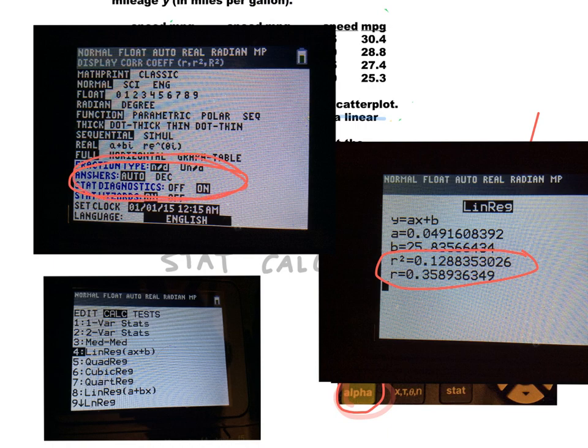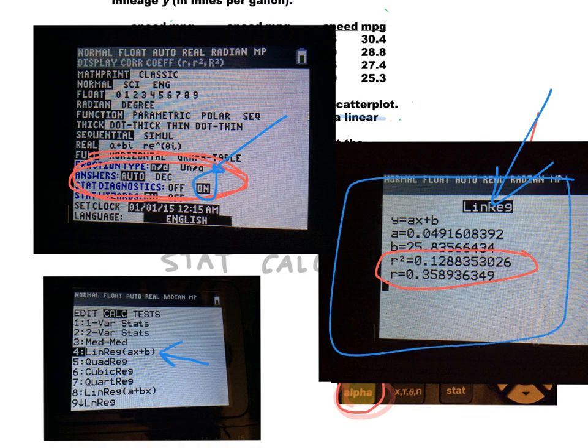And what you want to always do when you do regression analysis is make sure your stat diagnostics are on. So if you needed to, turn stat diagnostics on and then rerun the entire process, the linear regression, the alpha trace, the Y1, and then press enter. And then this is what you want to have on your calculator, and take a picture of this and include this in the assignment.